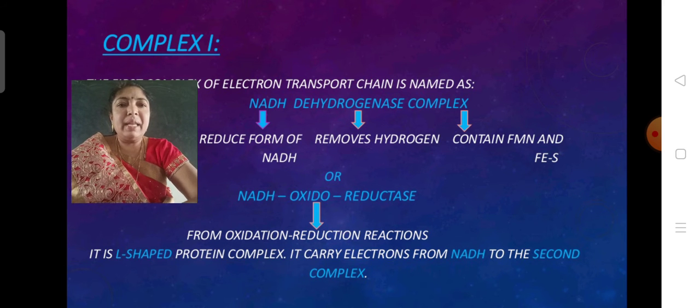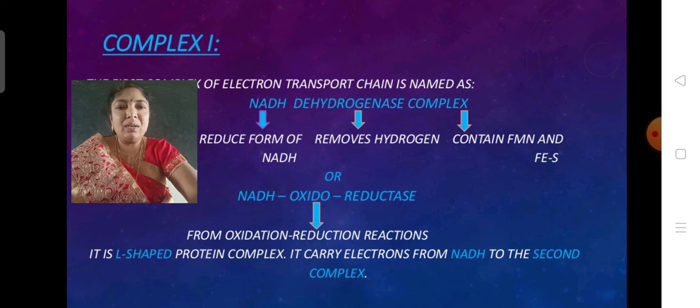In this, NADH is the reduced form, and dehydrogenase is the enzyme in which hydrogen is removed, and it consists of an FMN, that is flavin mononucleotide. It is an iron sulfur containing prosthetic group. It consists of an enzyme known as NADH oxidoreductase.